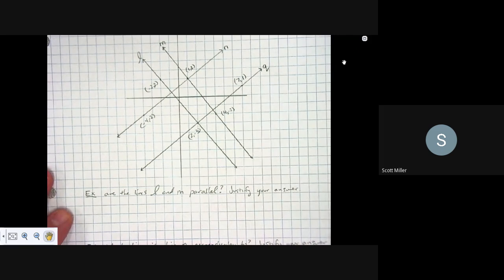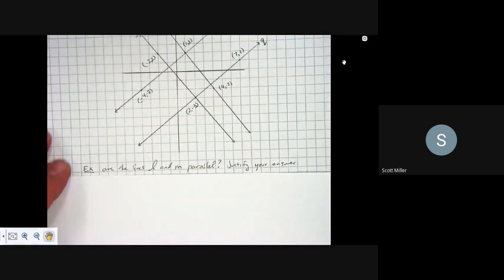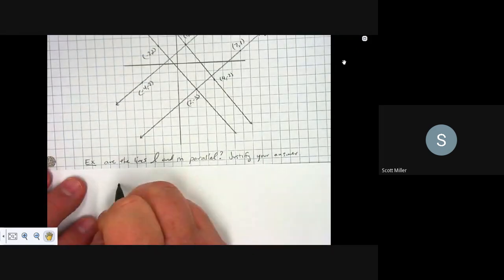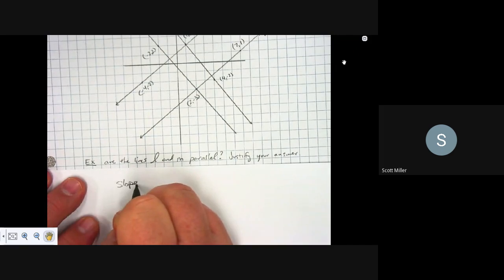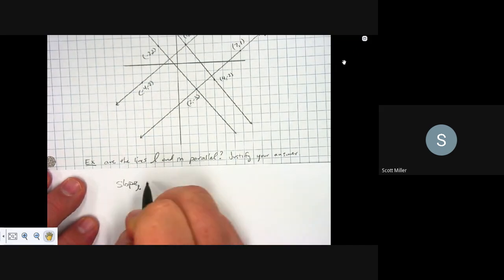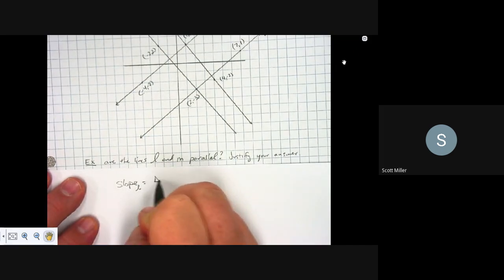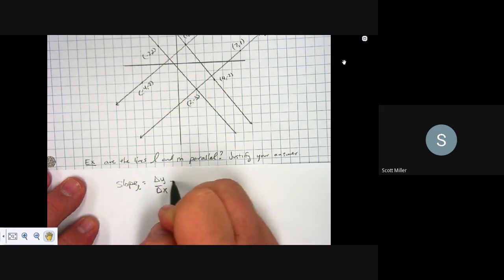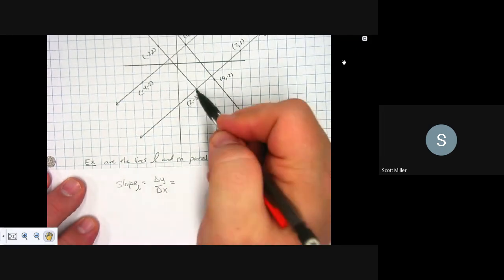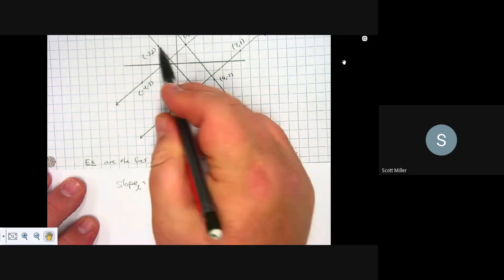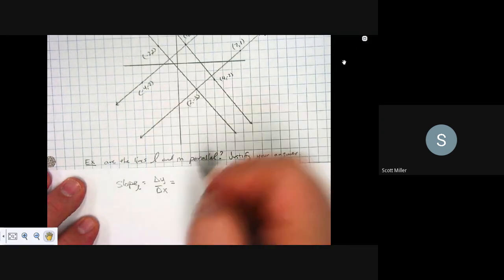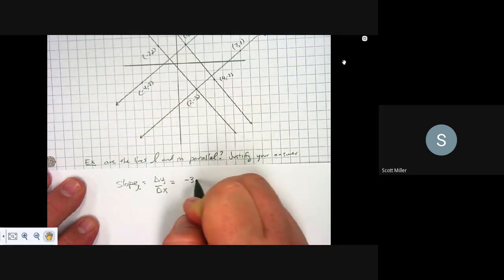So I'll do it on this paper right here. So what is the slope of line L? Well, it's the change in the y over the change in the x. Here's 2 points on line L. Take the y values, their change, -3, -2.